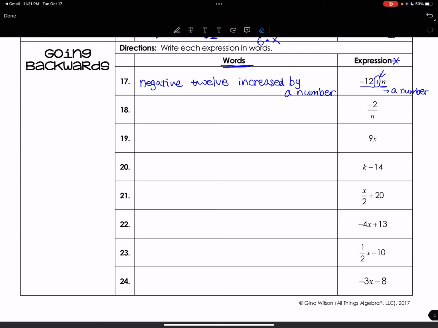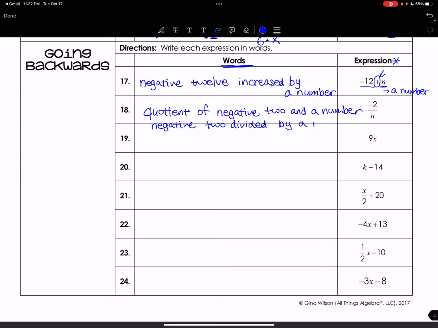Then the next one, because of the fraction sign, that reminds me of the term quotient. So the quotient of negative 2 and a number. Or negative 2 divided by n, that's fine too. Negative 2 divided by a number.